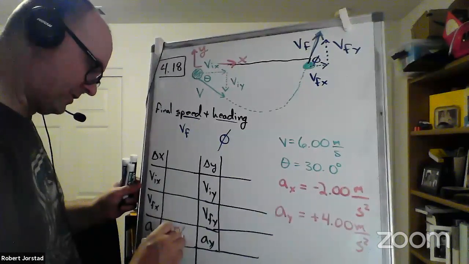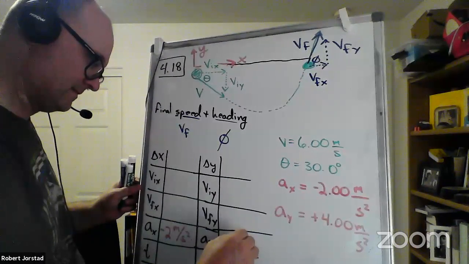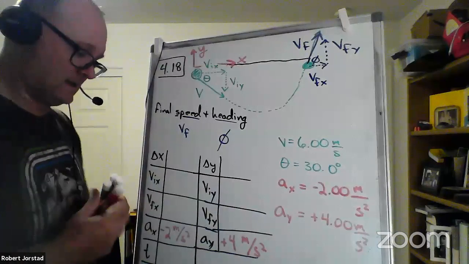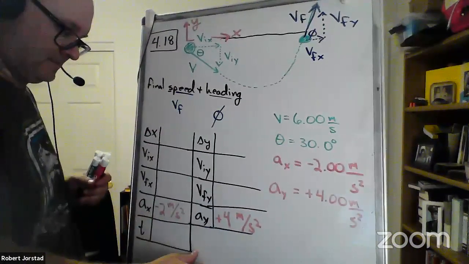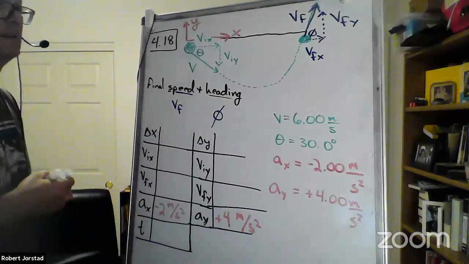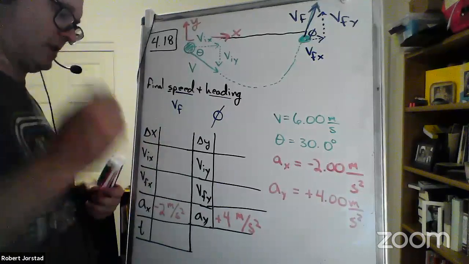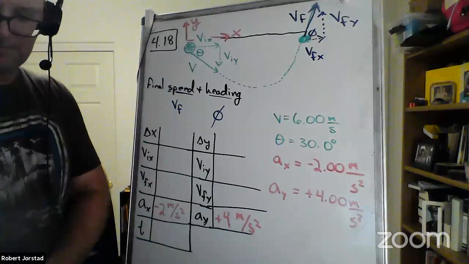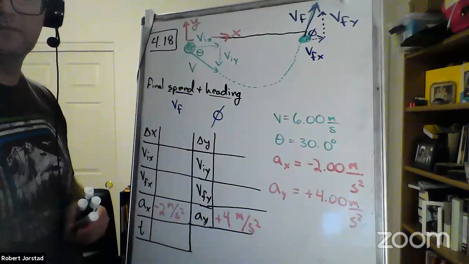Because I'm running out of room, I'm not going to include all the sig figs. Got that. Let's go through. Somebody tell me something we know now. Anybody, just chime in at will here. You can do chat, you can do unmute, whatever you want. We know both initial velocities, so.